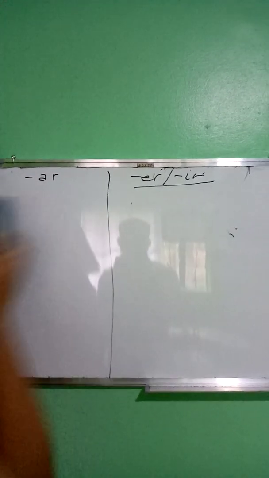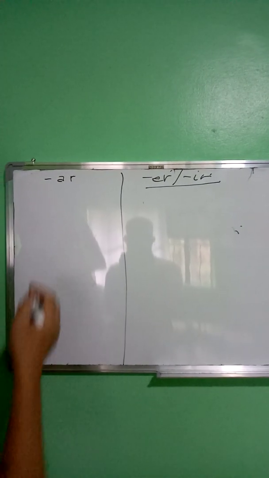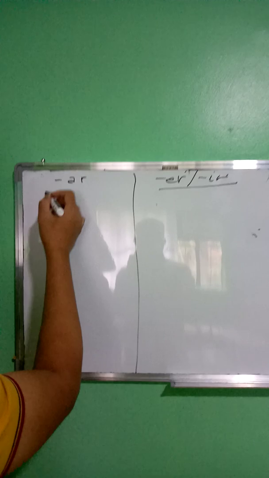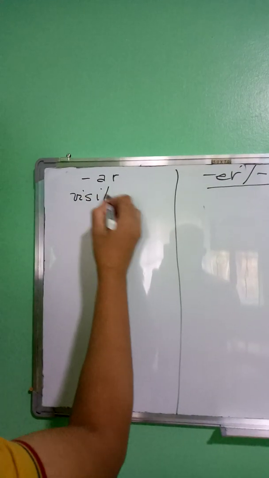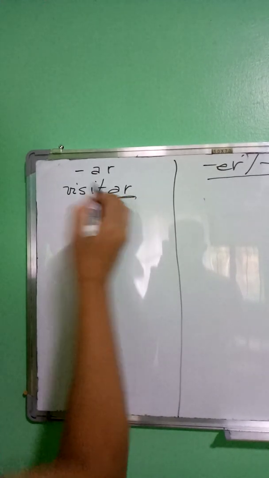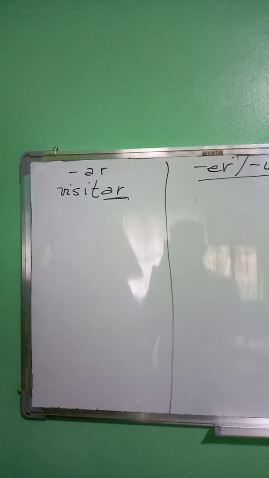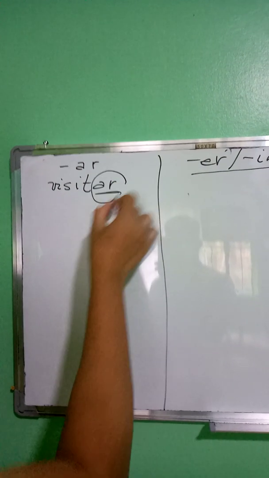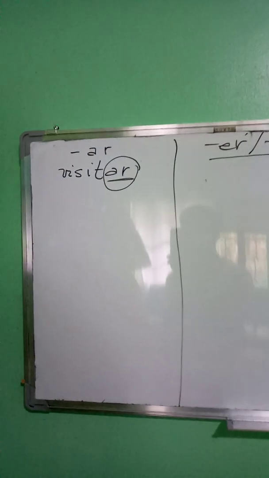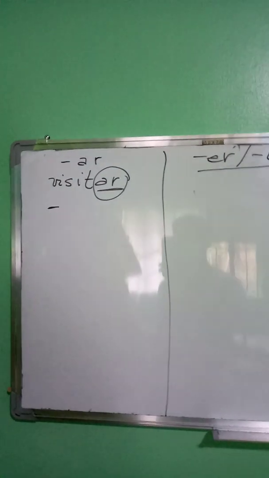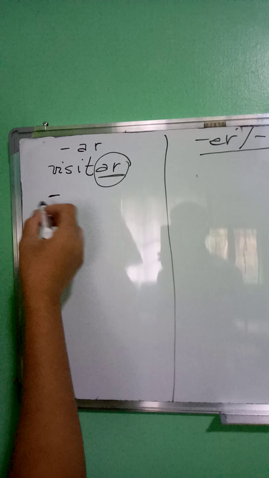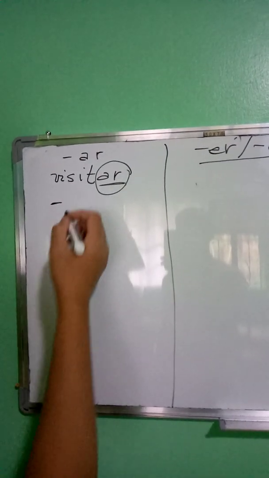Okay, so we start with this AR. Well, I told you, example would be visitar. Say for instance, this is your verb, so ending in AR, right? So what you do here, you have to drop the AR ending, and then you put the appropriate endings depending on the subject pronoun or personal pronouns.